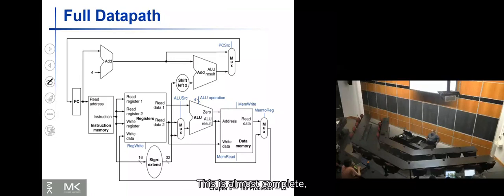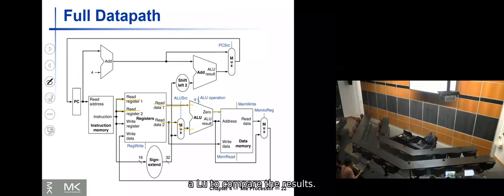This is almost complete. You see, for a branch instruction, which we didn't have in the previous slide, the operands coming from here go to ALU to compare.